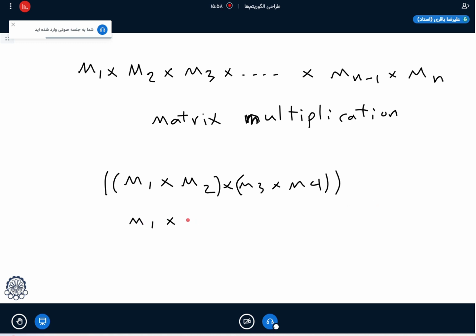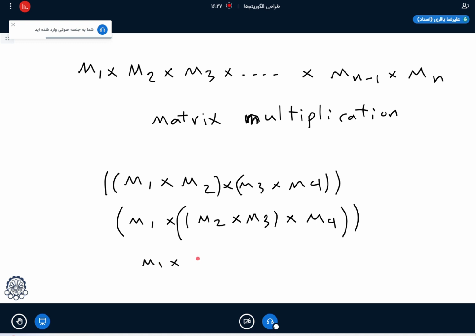Also, there are some other possible parentheses. For example, we can first multiply M1 by M3, then the result is multiplied by M4, then M1 is multiplied by the previous result.